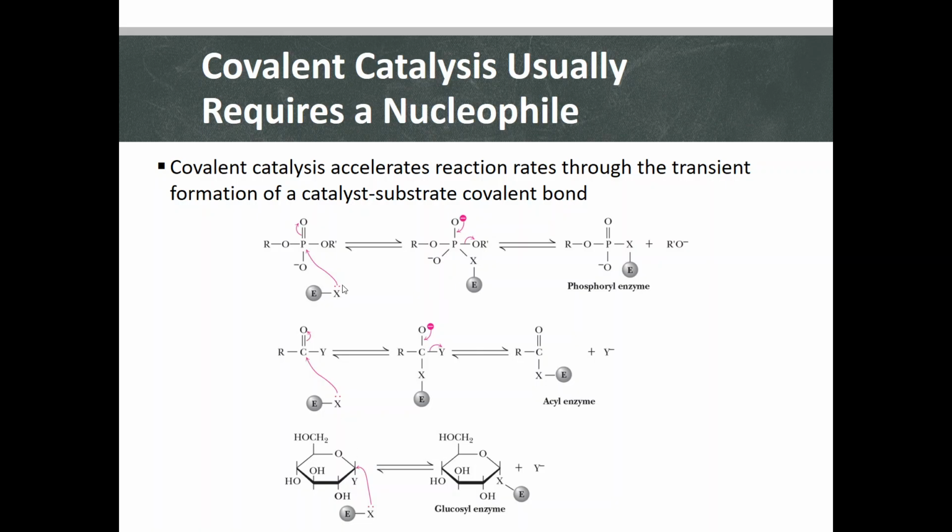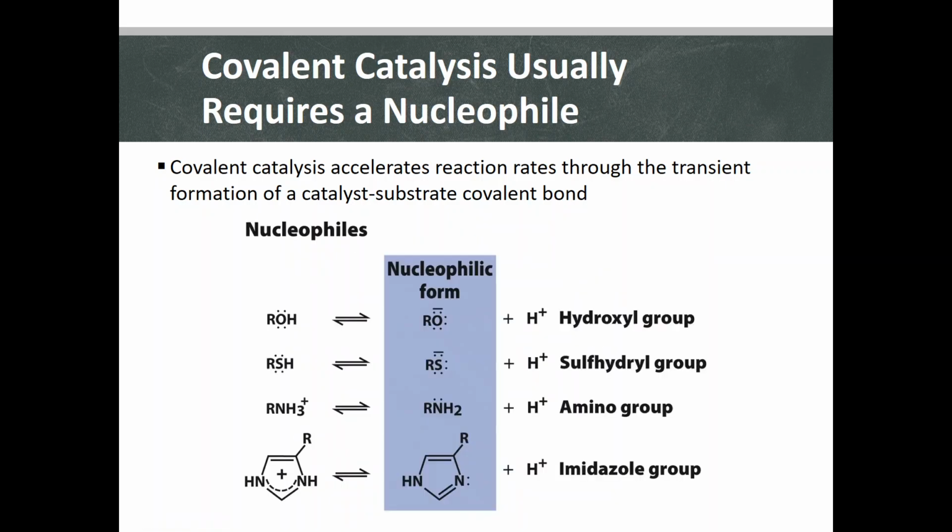In all cases, you're going to have a nucleophile, something that is electron-rich, attack, and ultimately lead to a covalent complex. So this is important, but remember that the covalent bond itself must be transient. We must be able to readily break it so that we can keep on cycling through the enzyme mechanism and then move on to additional substrates and keep on going.